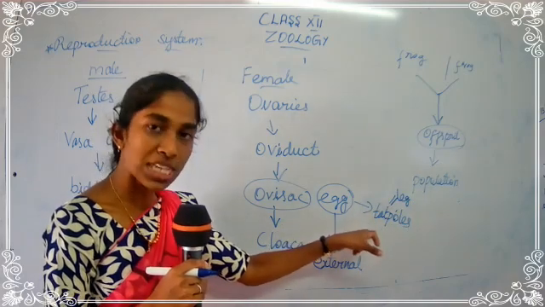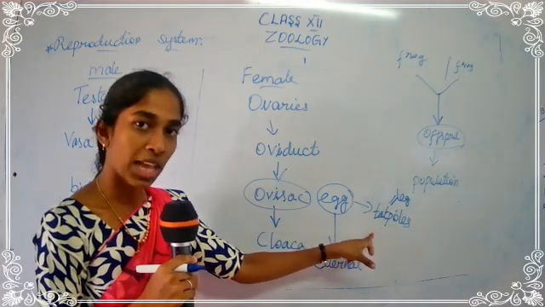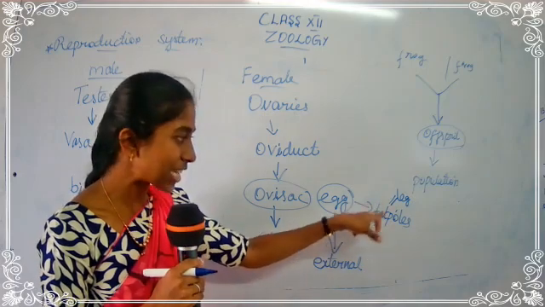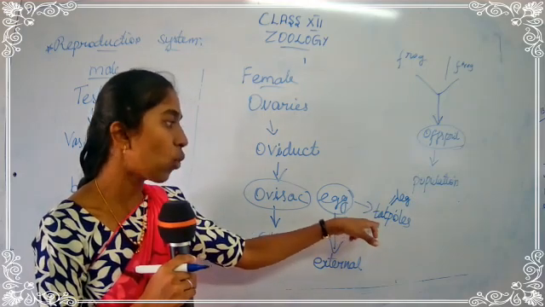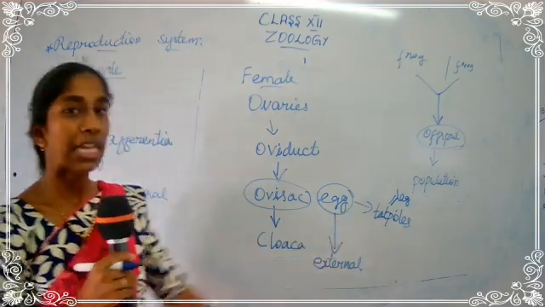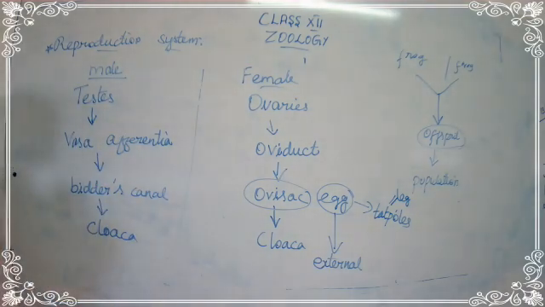These tadpoles have a tail and fins. After growth, the tail and fins disappear and legs grow. That young frog is called an adult frog. The adult frog develops teeth, jaws and lungs to become functional.